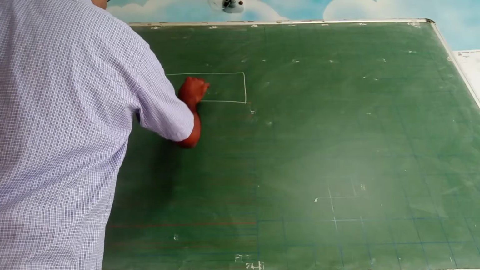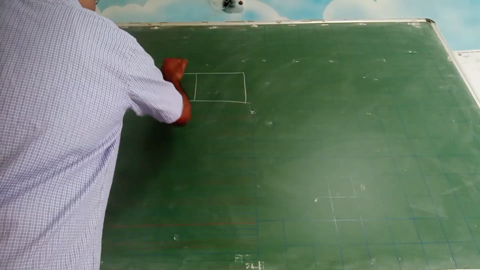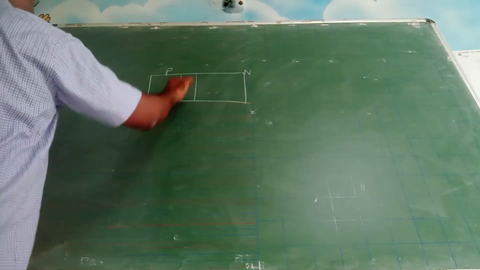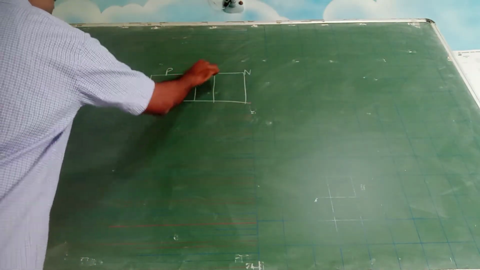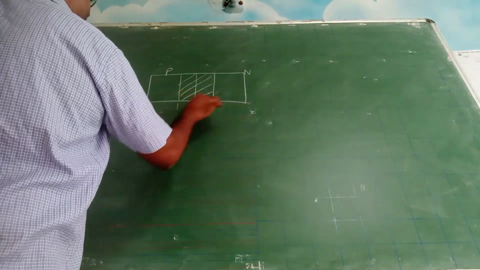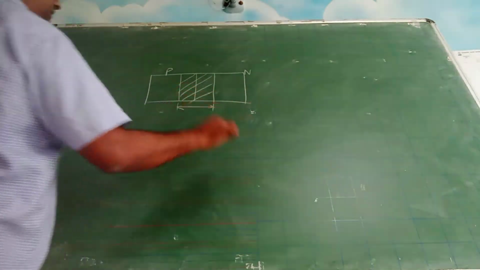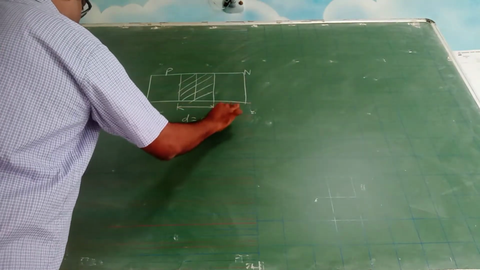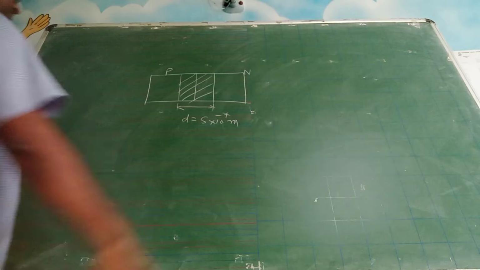So let us learn one concept here. Suppose a PN junction is given like this. Okay. A PN junction is given like this. So this is the depletion layer. This depletion layer width is given as 5 into 10 to the power of minus 7 meters.